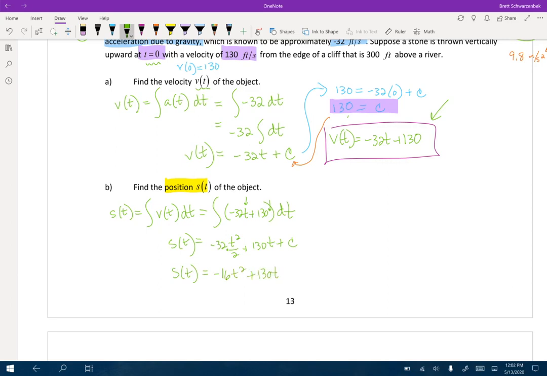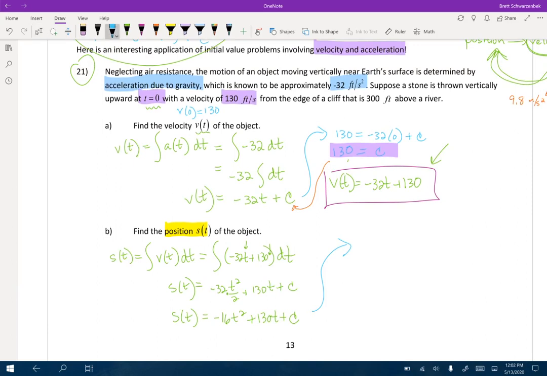Okay, so just like we did before, if you look at our initial problem setup here, not only was the velocity 130 at time 0, but we were 300 feet above the river. That's actually the initial position. So s of 0 is actually equal to 300. So just if you want to note this, this is the initial condition for velocity. And this is the initial condition for position.